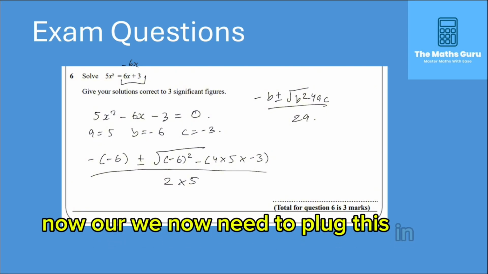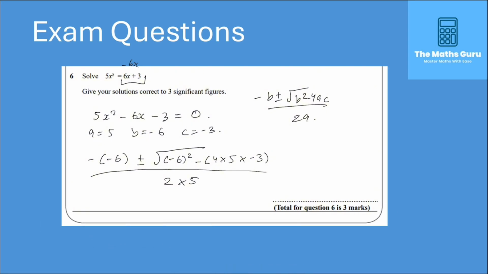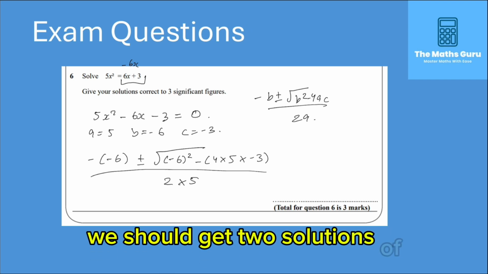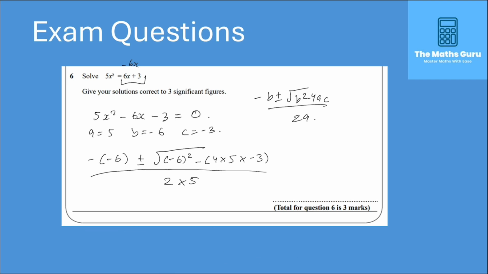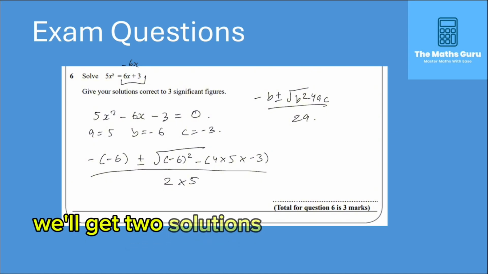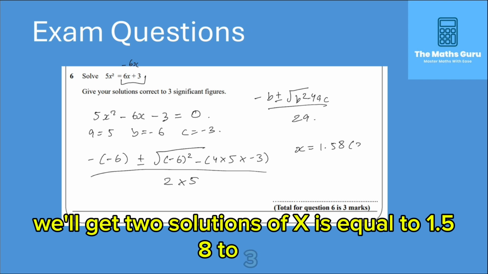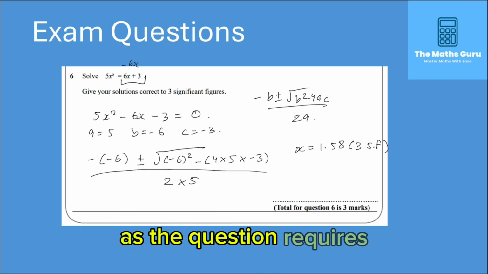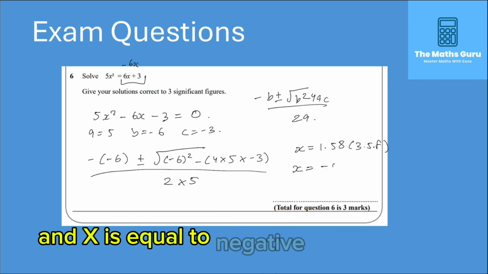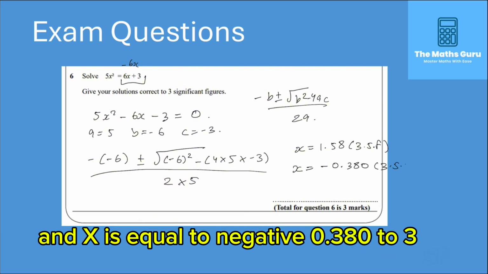We now need to plug this into our calculator, and once we do this, we'll get two solutions: x is equal to 1.58 to 3sf as the question requires, and x is equal to negative 0.380 to 3sf.